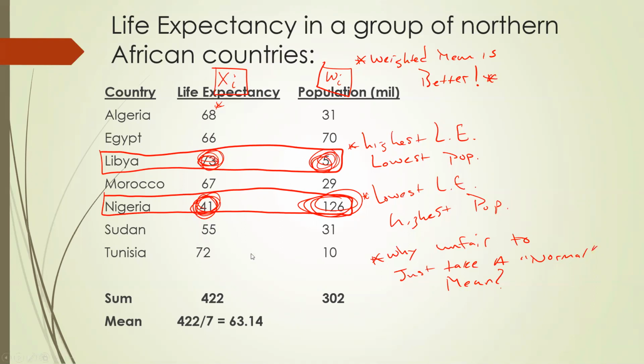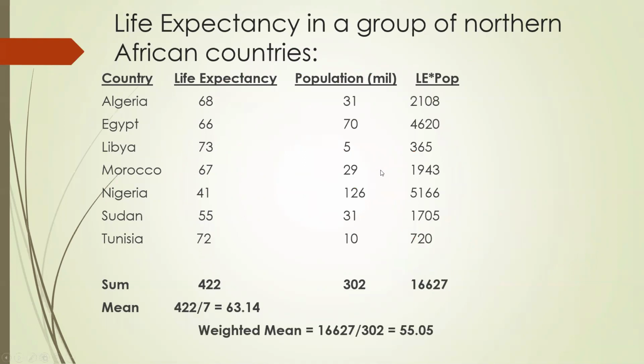Okay, so if you look back at our formula, I have another slide here. Our formula for the weighted mean was the sum of each x value times its corresponding weight divided by the sum of the weights. So here was our x value, here was our weights. So what you're going to do is take each x value and multiply it by its corresponding weight. So for Algeria, you would take 68 times the 31 million people who live there.